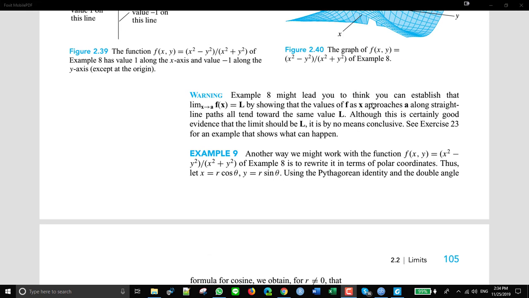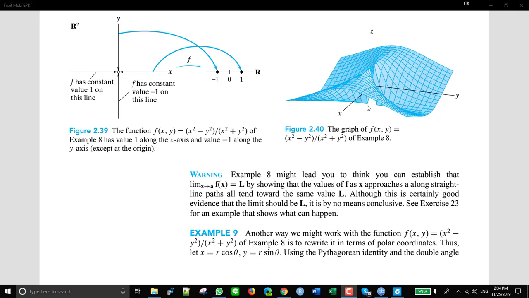Okay, so she says, let's go back to this example again. Let's try to think about it in a different way. Let's try to write this in terms of polar coordinates. Someone thought of doing this, so let's follow through on that and see what happens. Remember, for polar coordinates, we write that x equals r cosine theta and y equals r sine theta.